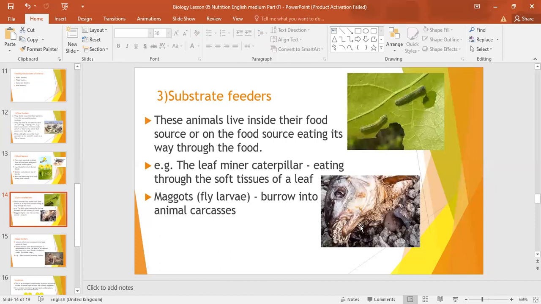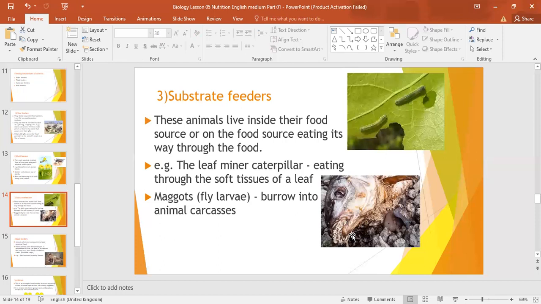When there is a dead body, the female fly comes here and lays eggs on the dead body surface. With time, the eggs hatch and larvae come out.